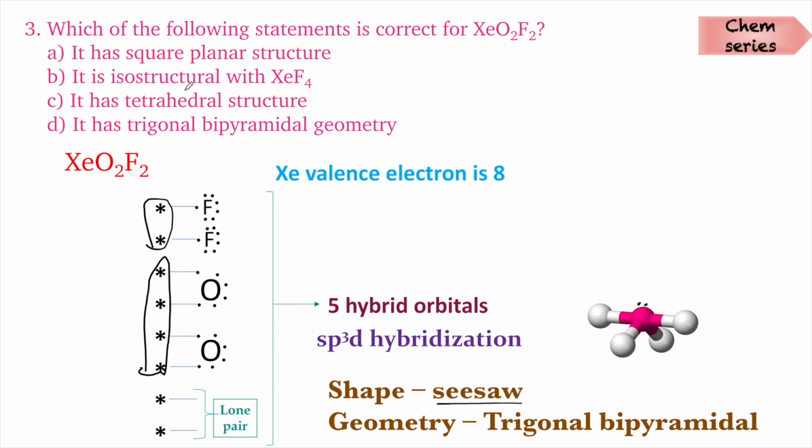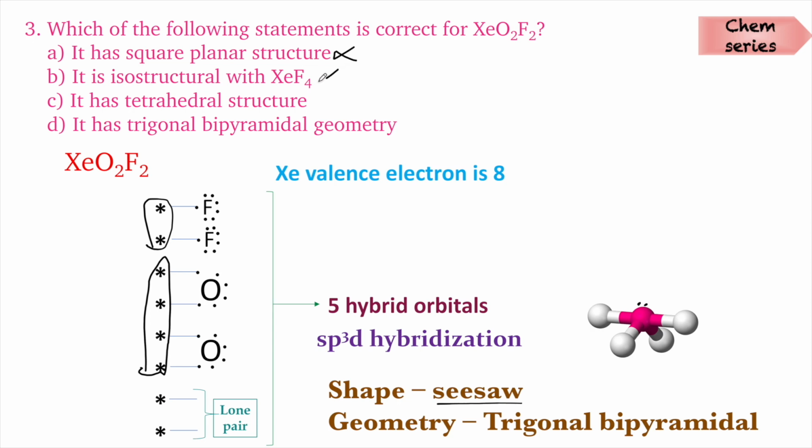So let us see the options. First, it has square planar geometry. No, the option is wrong because it has seesaw shape, right? So square planar is not correct. And it is isostructural with XeF4. If you go through the XeF4 structure, it is of square planar structure.